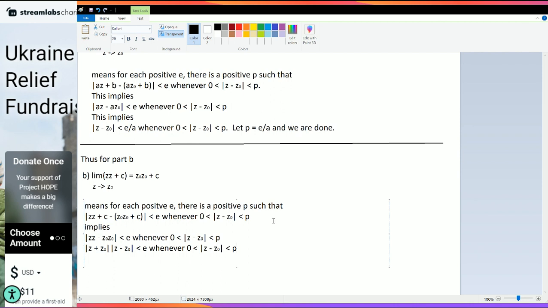No, I did not. Well, if the distance between z and z naught is less than delta, then that means z plus z naught is being scaled by delta.